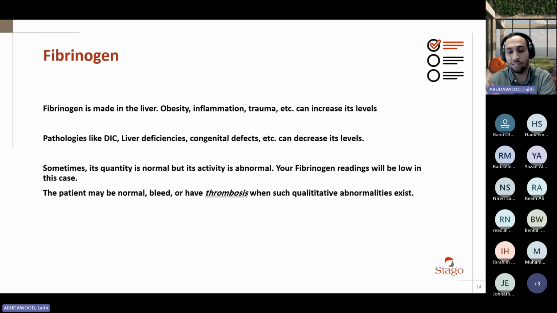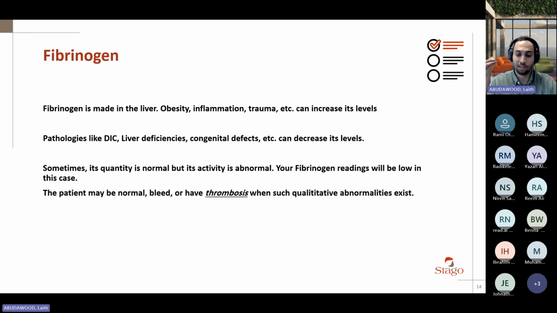Actually, in your body it's a normal level, but because it cannot function well, the clotting time is not normal, which means that you will get an abnormal reading. Now, this kind of deficiency, this kind of mutation, this kind of qualitative problem of fibrinogen is more difficult to diagnose for obvious reasons, because you might think, okay, it's just a quantitative problem, but then later on, you may or may not realize that actually it's a problem with the structure of fibrinogen.